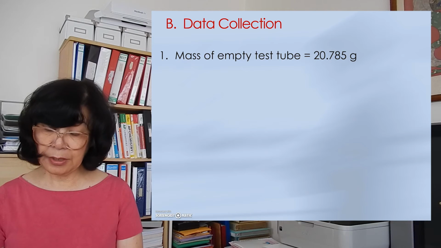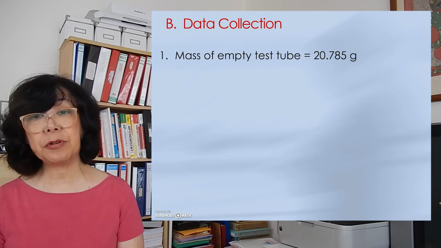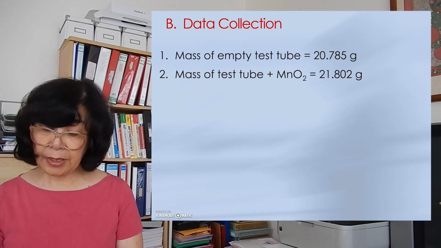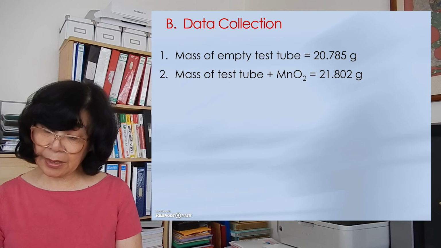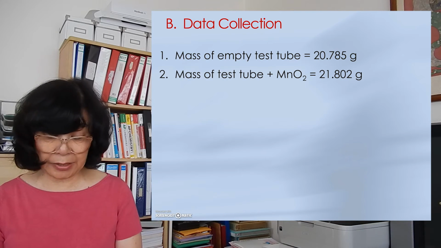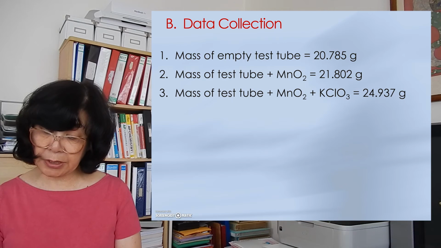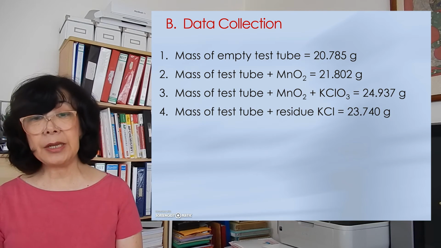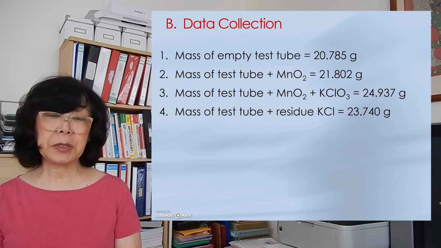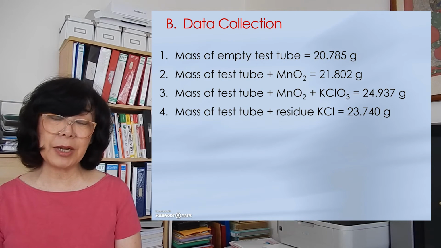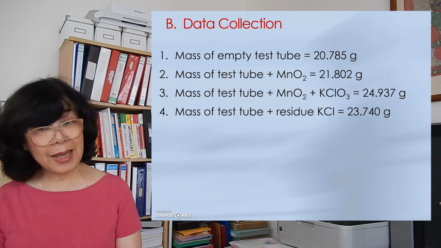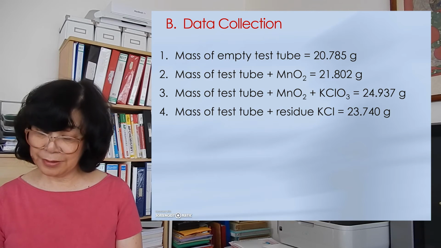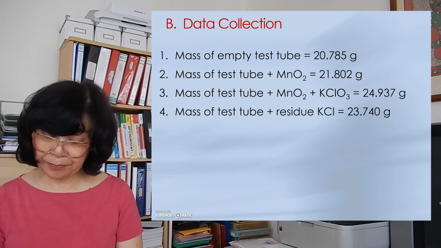Data collection. Let's say we mass the test tube to be 20.785 grams. Then we put in the catalyst, manganese dioxide, and mass it again. And then we put in the potassium chlorate and mass it again. Now after heating for some time, we let it cool, and we mass it. Now we have the residue, potassium chloride, and the MnO2 in there, 23.740 grams.